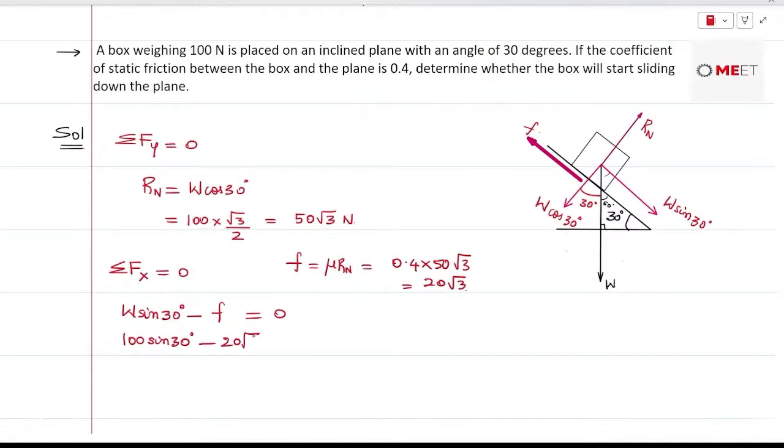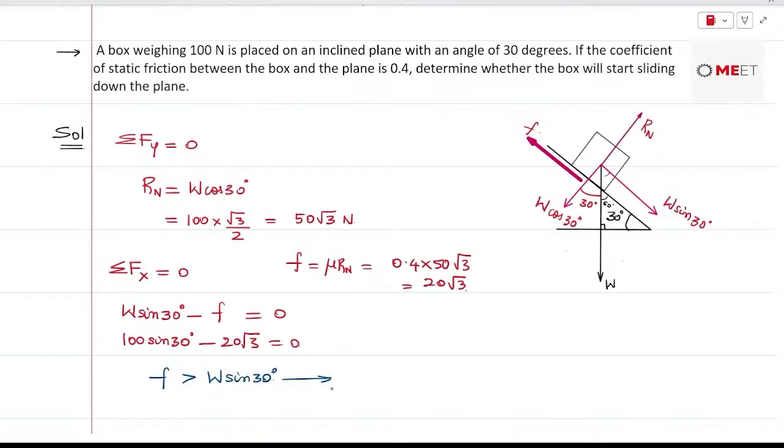So let's check whether this is equal to 0 or not. 20 root 3 is approximately 34.64. So we are finding that the friction force is greater than the component of weight, that is W sin 30 degrees.